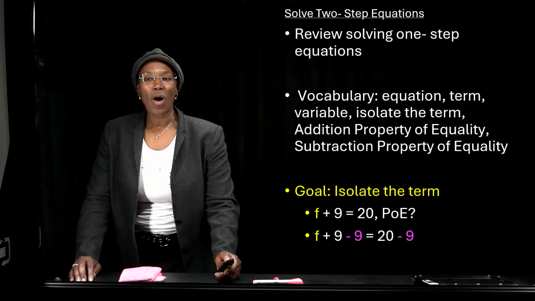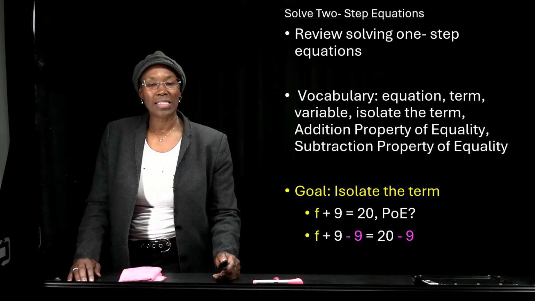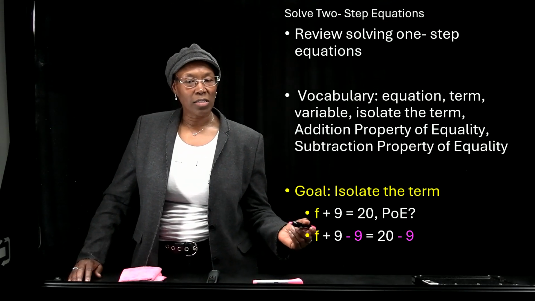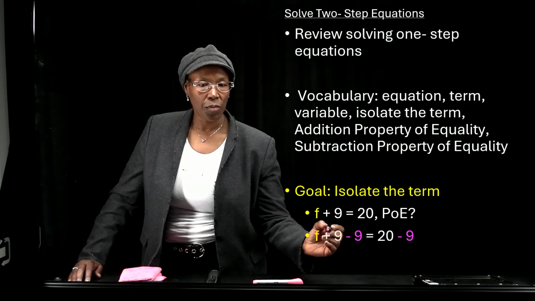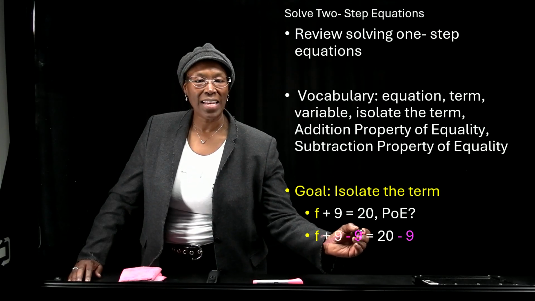For property of equality, we have to do the exact same inverse process on both sides of the equation to keep the equation equal.